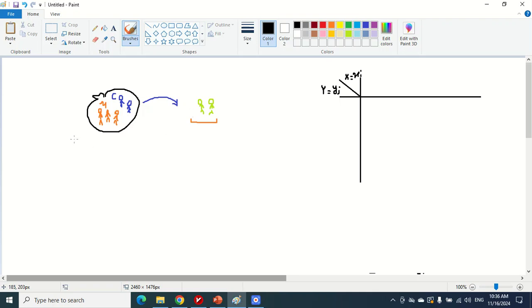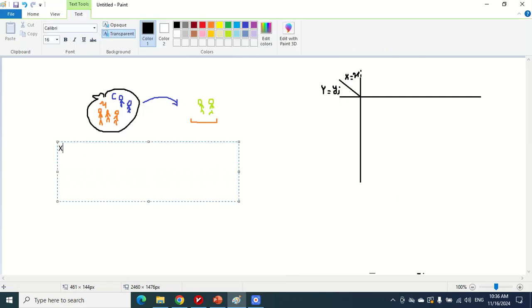For example, if x denotes the number of mathematicians, and y denotes the number of chemists in this committee.